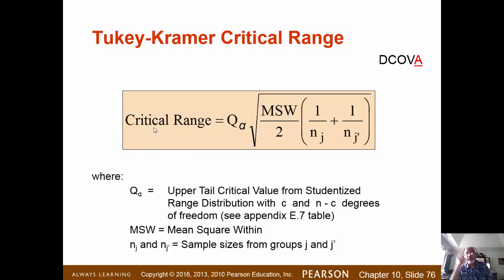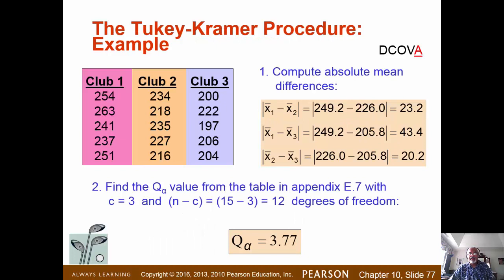So that is contributing to our rejection of the null hypothesis. If all the sample sizes are the same, then this critical range will be the same for all the pairs. But if the sample sizes are not all the same, then we have to compute the critical range for each of them separately. So here is the example with 3 means.